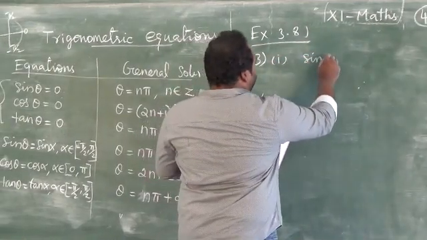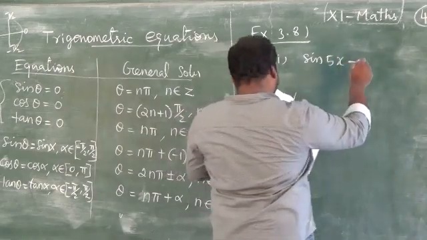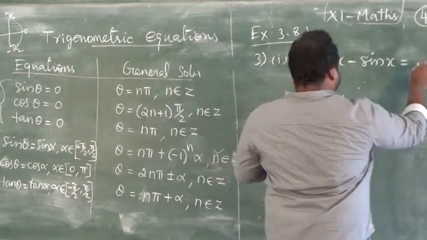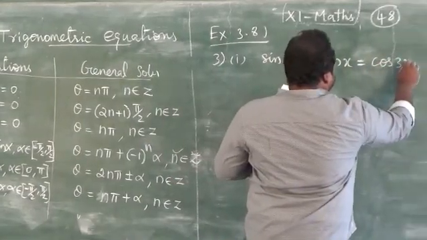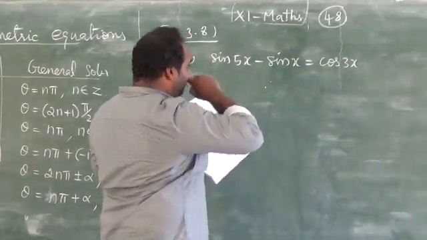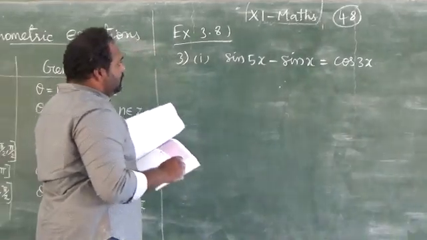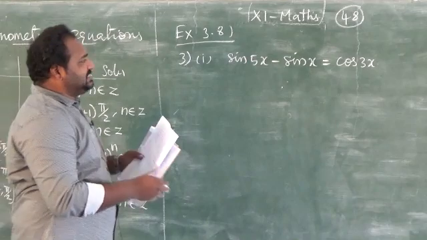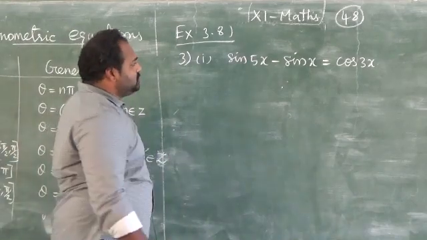sin 5x minus sin x equal to cos 3x. Here I am going to solve this problem and find out the x values. How to solve this problem?